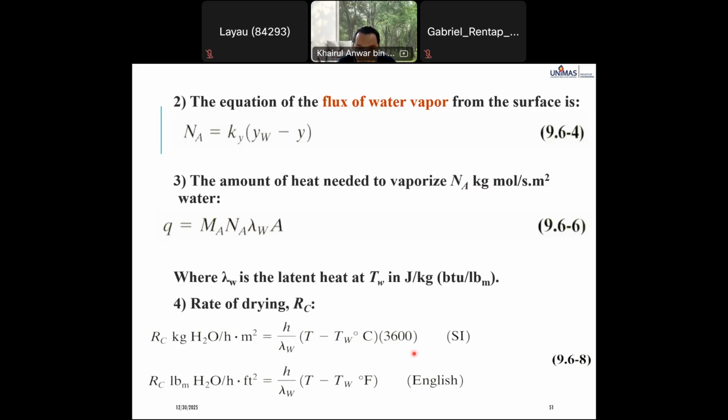The equation for the flux of water vapor from the surface is NA equal to ky times Yw minus Y. The amount of heat needed to vaporize NA kg mole per second meter square of water is Q equal to NA lambda w. Lambda w is the latent heat, which we can refer to appendix A2 water.